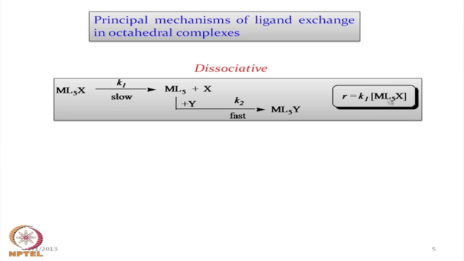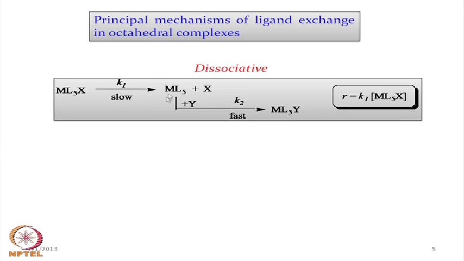That means, in this particular case the rate is independent of Y, and we can consider that the second step, that means the contribution for this K2 step, the rate which is dependent on the corresponding rate constant K2 is very fast.